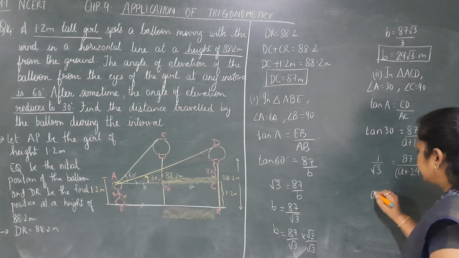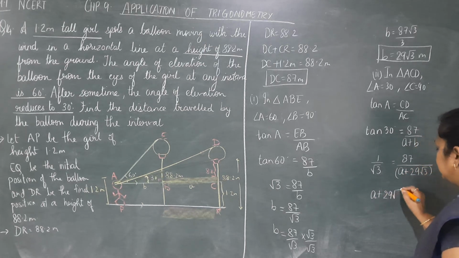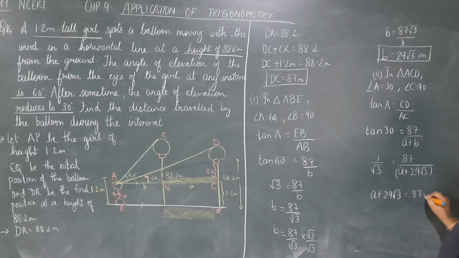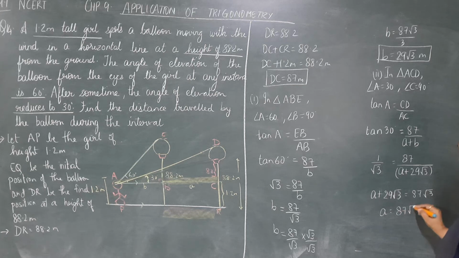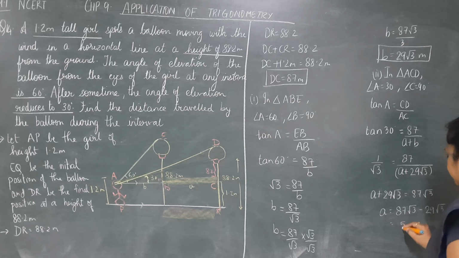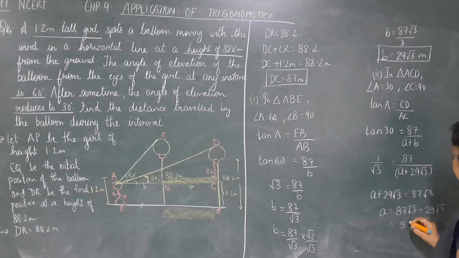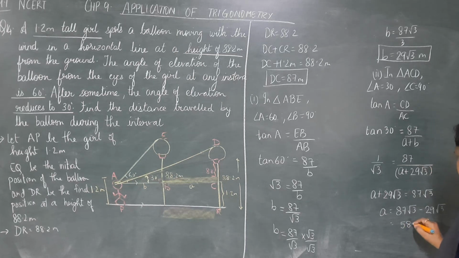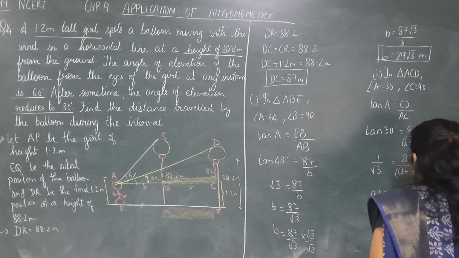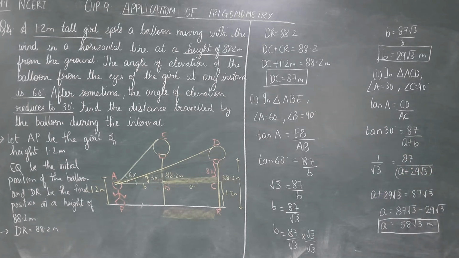On cross multiplication I get A plus 29 root 3 is 87 root 3, which gives me 87 root 3 minus 29 root 3 gives me 58 root 3 meters. So we can say that the distance travelled by the balloon is 58 root 3 meters.